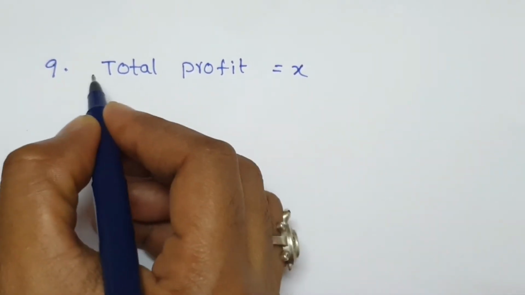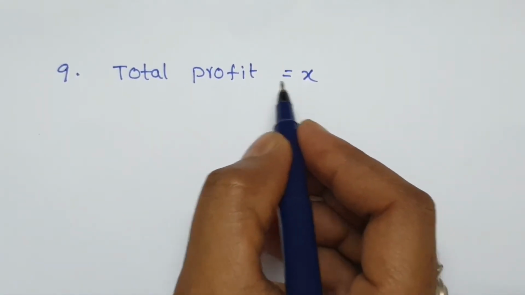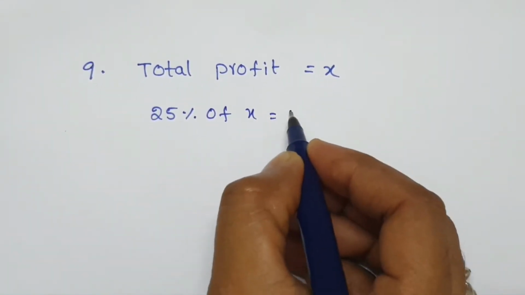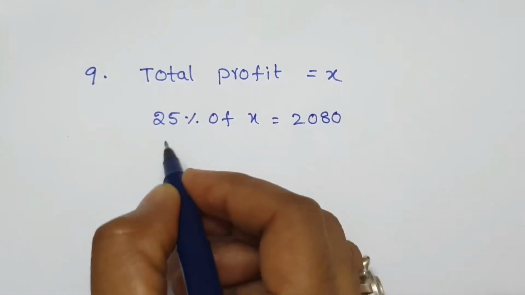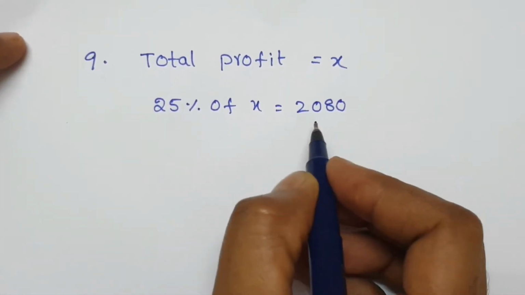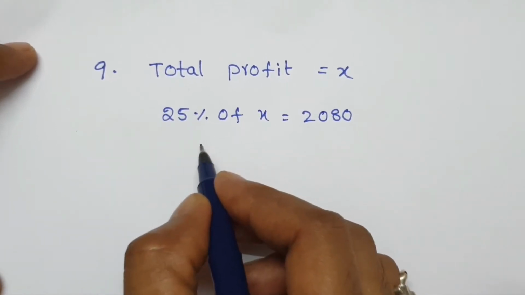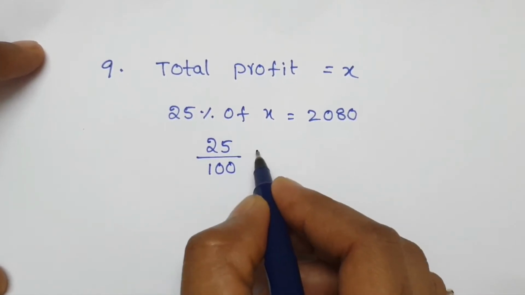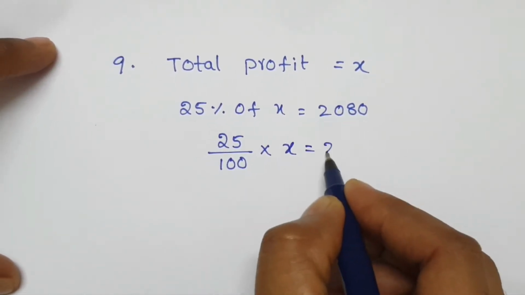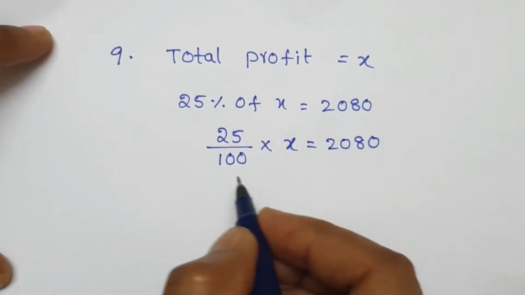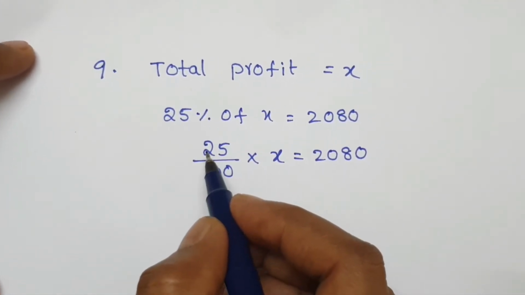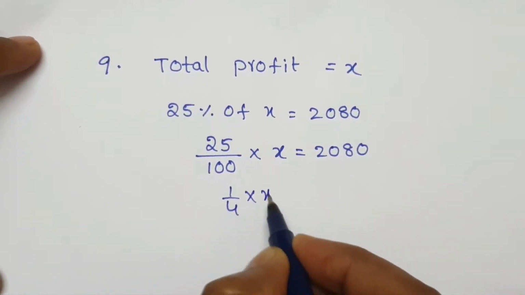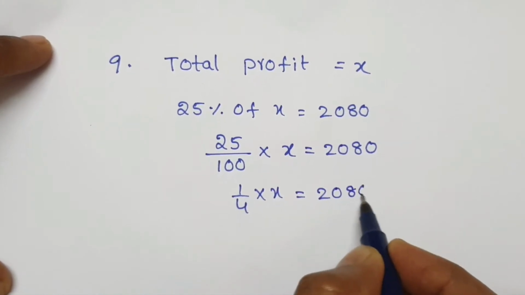equal to X. Let total profit equal to X. Means 25% of X equal to 2080. Here percent means by 100. 25 by 100, of means into, X equal to 2080. Here 25 table cancellation, 25 ones, 25 fours, means 1 by 4 into X equal to 2080.